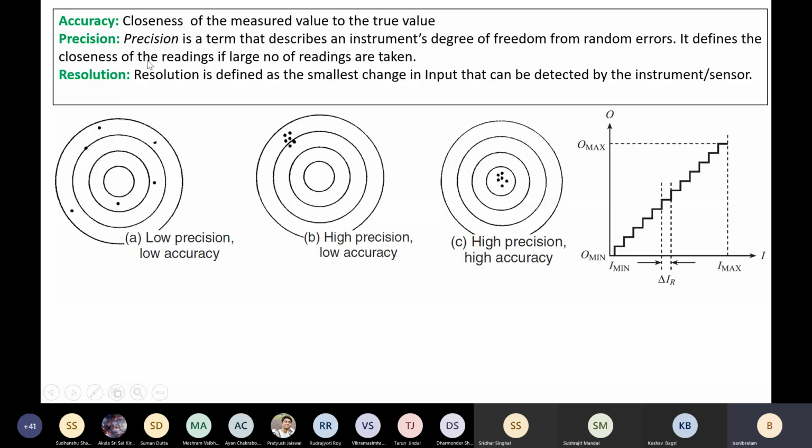So another is the accuracy. What do we mean by the accuracy? It is the closeness of the measured value to the true value. Suppose you want to measure some temperature, and the raw temperature is 100° centigrade, that is your true value, and you are measuring with some temperature sensor, and this is showing 95° centigrade.